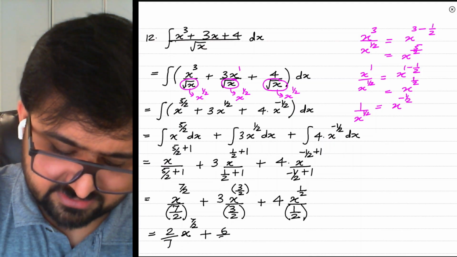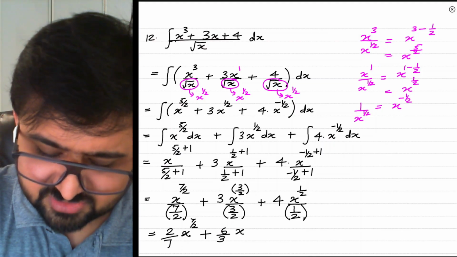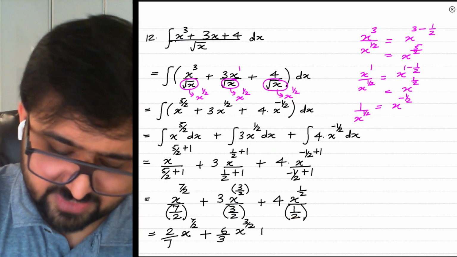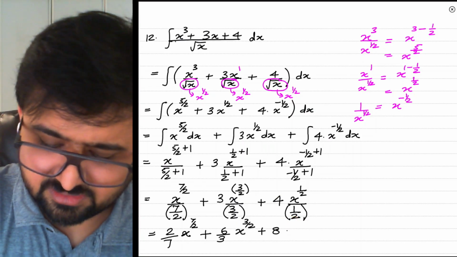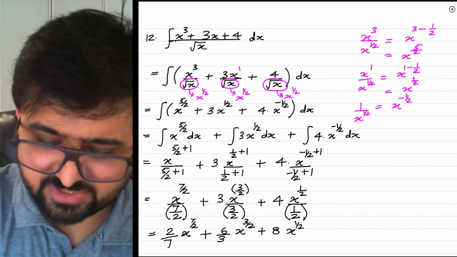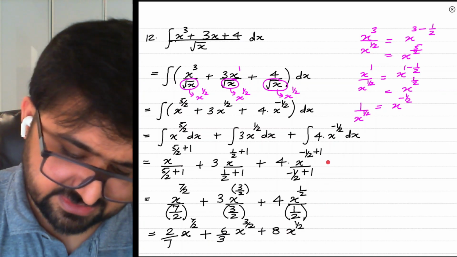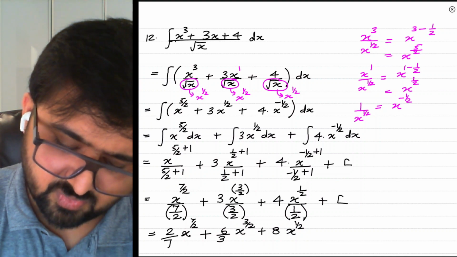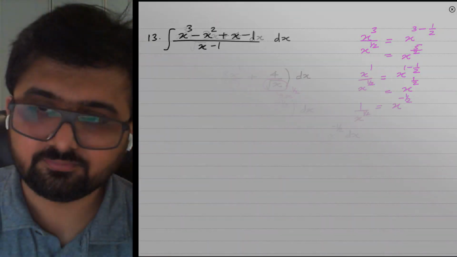So 6 by 3 x to the power 3 by 2. Again that 2 will come up and become 8 x to the power 1 by 2. You can add the constant c. In fact, you can just add it here when you are done integrating. Add the constant c. That's it.